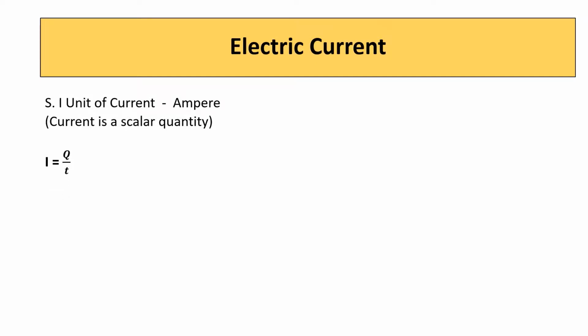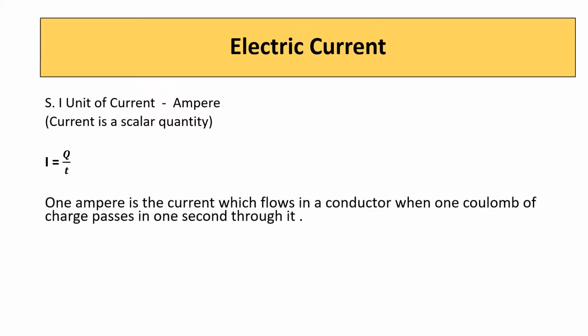We know the expression I is equal to Q by T. Then how will you define 1 ampere? This electric current must be 1 ampere. 1 ampere means this Q must be 1 and T must be 1 if you want this side to be 1. Therefore, 1 ampere should be 1 coulomb by 1 second.